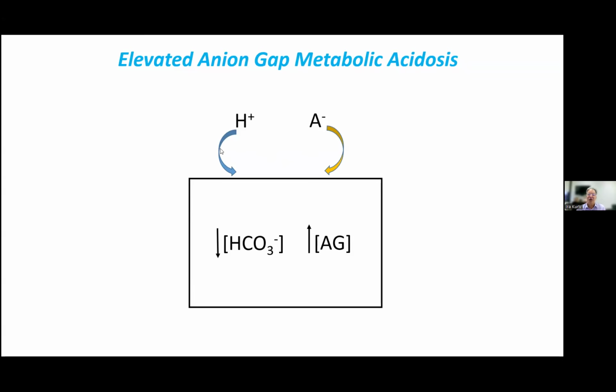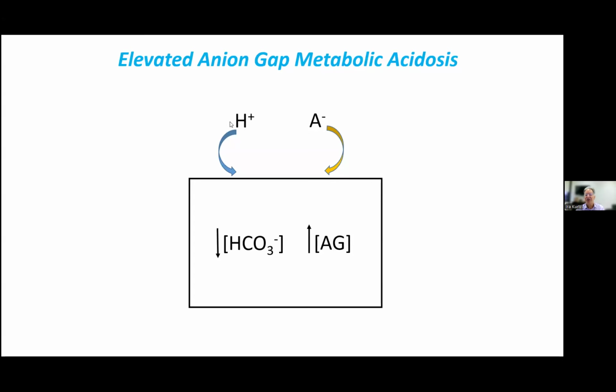Okay, so when you have ketoacidosis, for instance, when you have acetoacetic acid or beta hydroxybutyric acid, the acetoacetate or the beta hydroxybutyrate raise the anion gap, but they're not causing the metabolic acidosis. It's the fact that they came in with a proton and not sodium or potassium. It's the same with lactic acidosis. The lactate is not causing the metabolic acidosis.